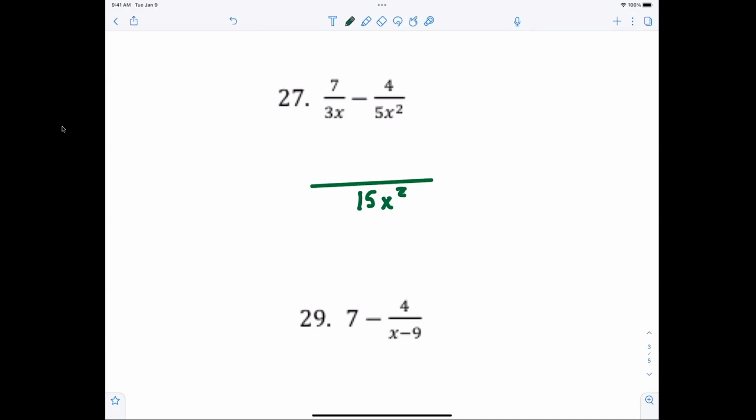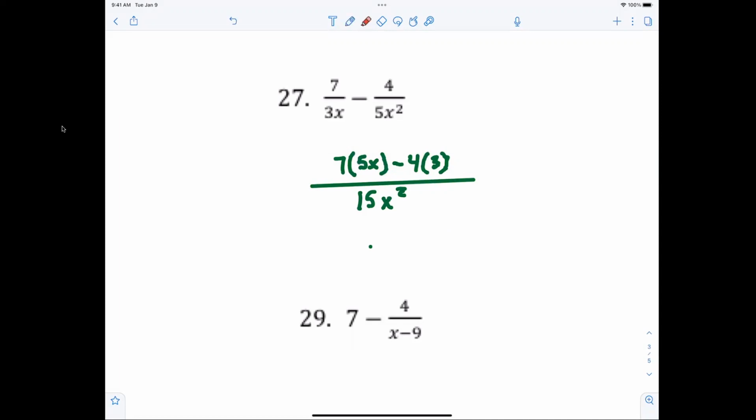Now let's try to figure out what I'm multiplying the first fraction by. 5x. Shh, no, we're not interrupting class today. And what am I multiplying the second fraction by? 3. Why wouldn't it be 5x squared and 3x?